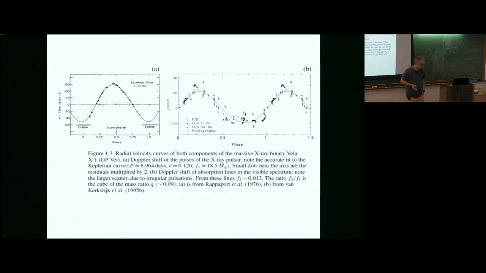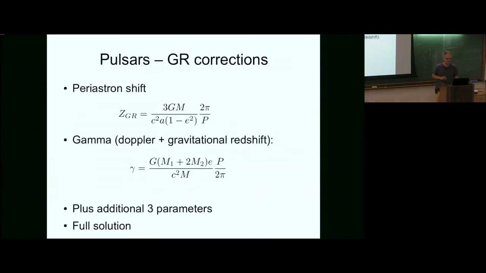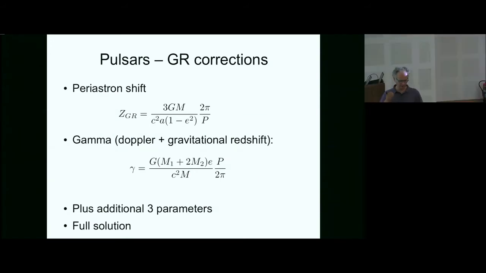So this is a typical way you do it. Now, for the binaries with pulsars, we know that a pulsar is an object that emits regular radio pulses, and these are objects that are excellent for chronometry.